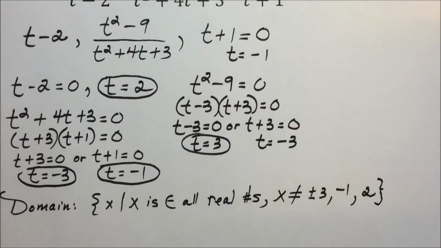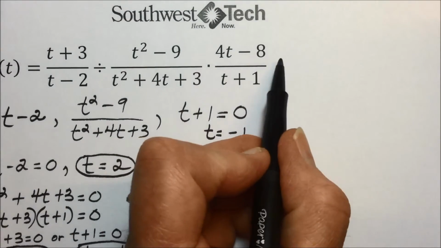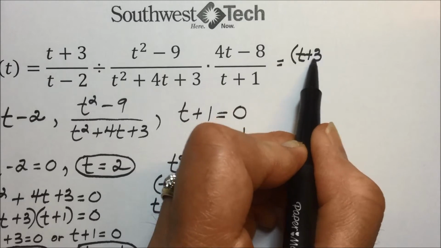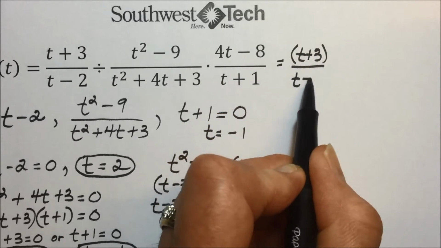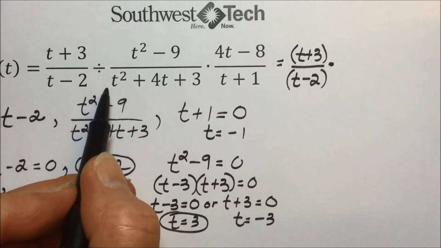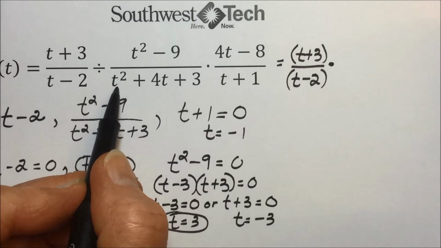Then what we're going to do is we're going to look at our function and simplify it. So nothing as far as factoring our first rational expression. Division means we invert and multiply, so this fraction will switch places.